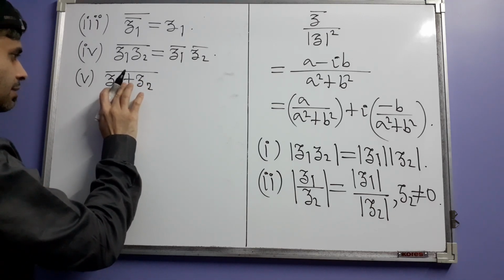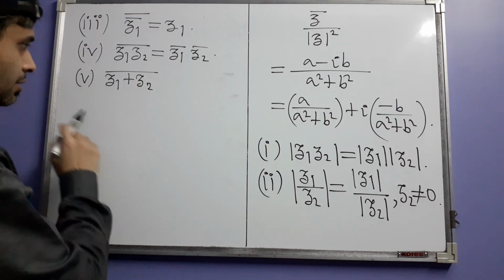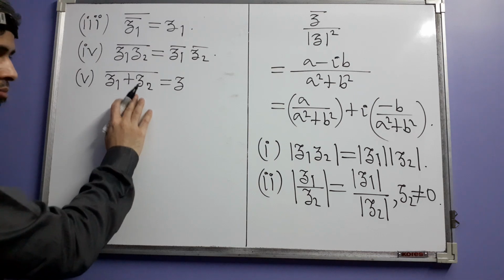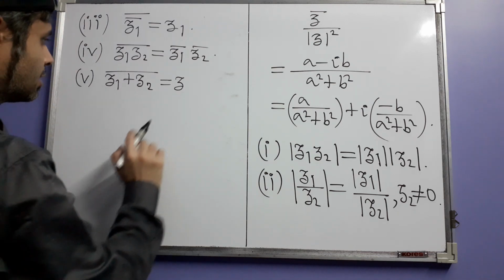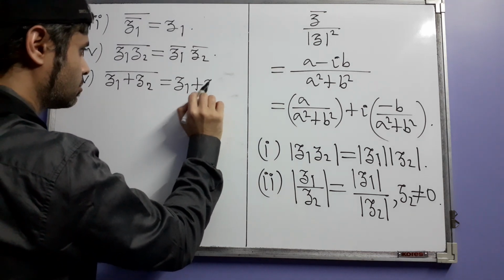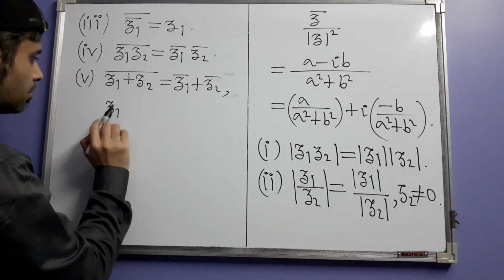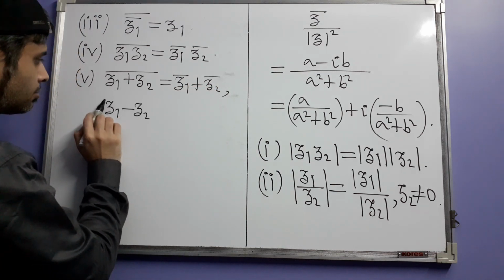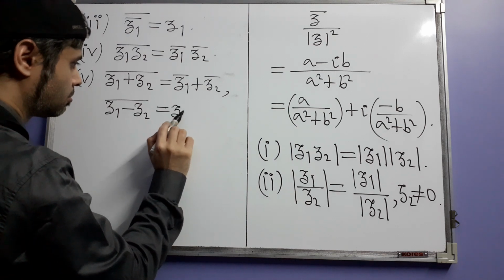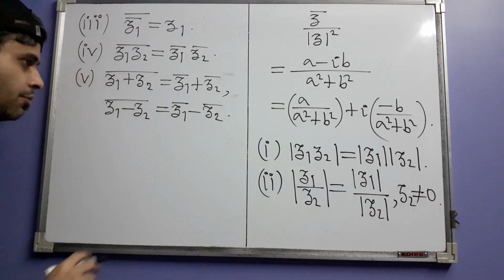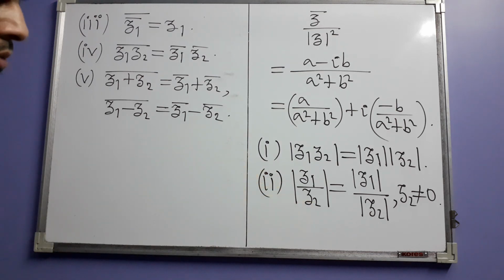The complex conjugate of a sum, it's given in a very confusing manner in the book. They have written plus and minus together, which may be confusing sometimes. So let me separately write the 2. Minus Z2 bar. All of these properties are very easy to prove.